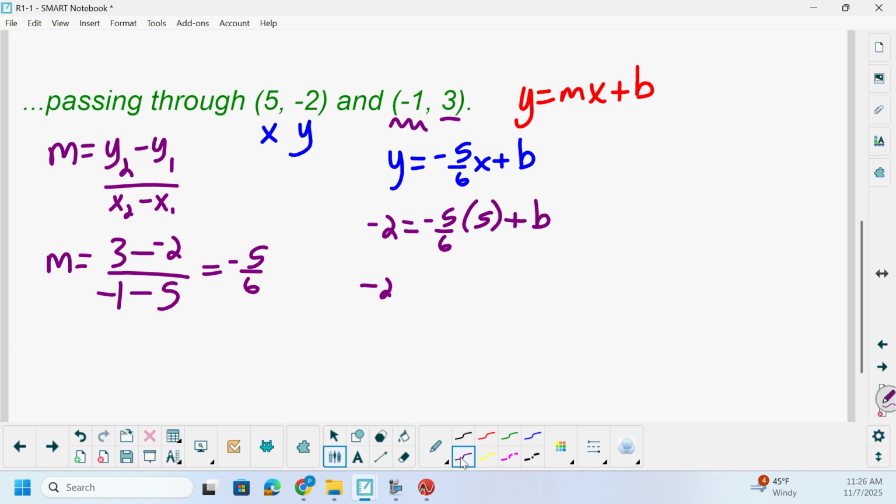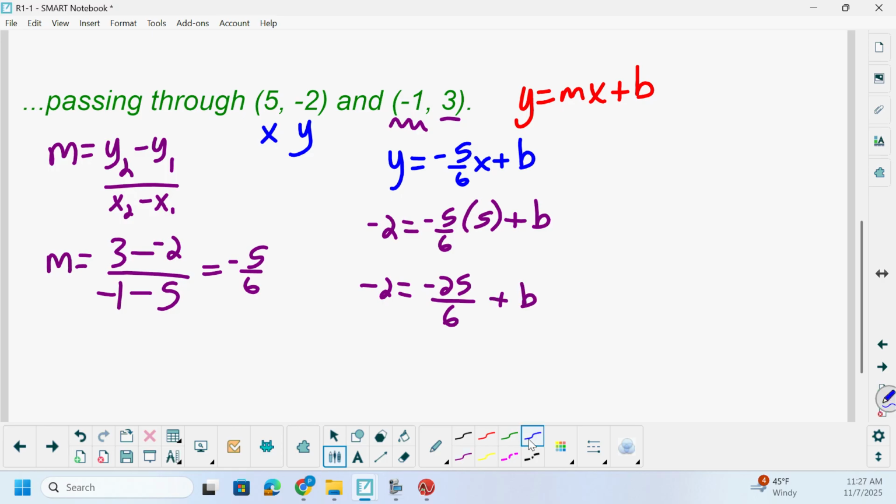So on the left, we'll have negative 2. Take a moment in your calculators and see if you can multiply the negative 5/6 times the 5. We should get for that negative 25/6 plus b.